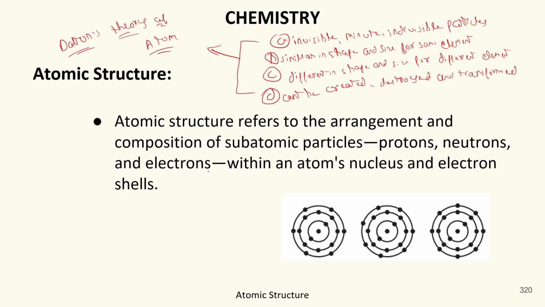Second thing he said, atoms are indivisible, means they cannot be divided into further units. So you can say atom is the final unit. Got it? Thereafter, he said atoms of a single element are same in shape and size.